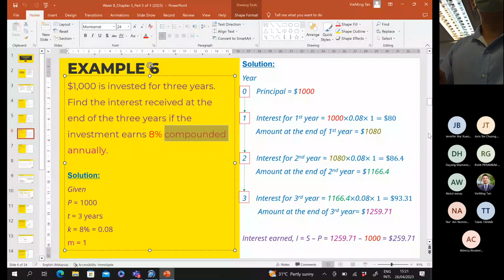So for year 1, how much is the interest earned? It's using the original principal, because we know that in year 0 there is no interest earned, right? So in year 1, to calculate the interest earned, you have to use the principal, the original investment, 1,000, multiplied by 8%. 8% is from here.